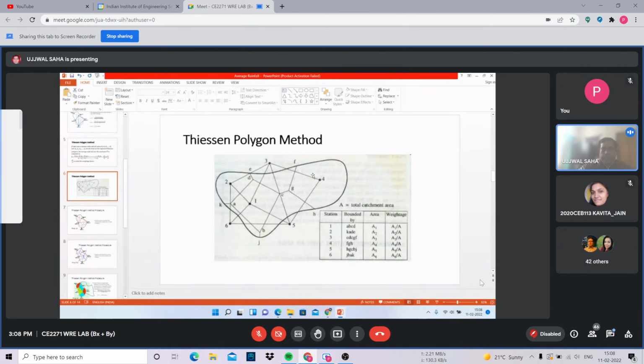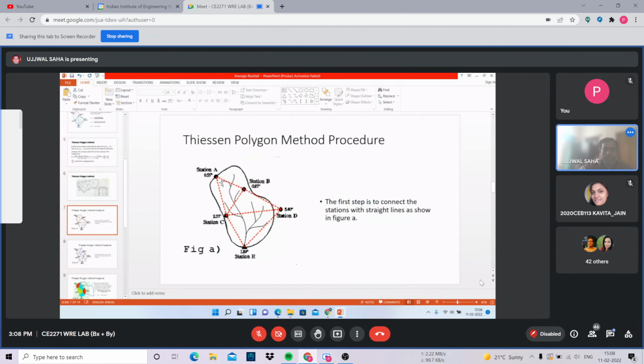Another example is given here. In this case, the Delaunay triangulation is given here in the red dot. After we do the Delaunay triangulation, when I join these stations, that means this is the shortest distance.